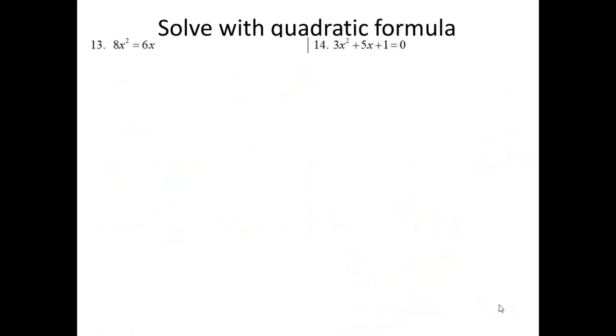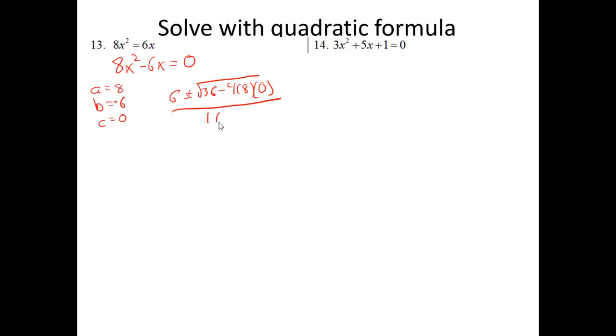All right, number 13. We'll get everything on the one side of the equation again. We have 8x squared minus 6x is equal to 0. A is equal to 8. B is equal to negative 6. C is equal to 0. So we have 6 plus or minus the square root of 36 minus 4 times 8 times 0, all over 16.